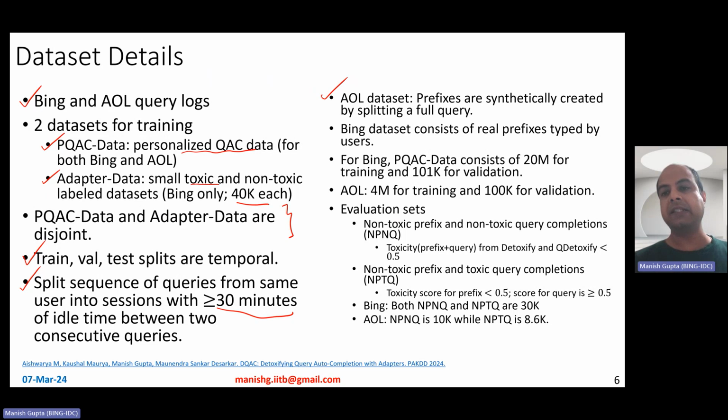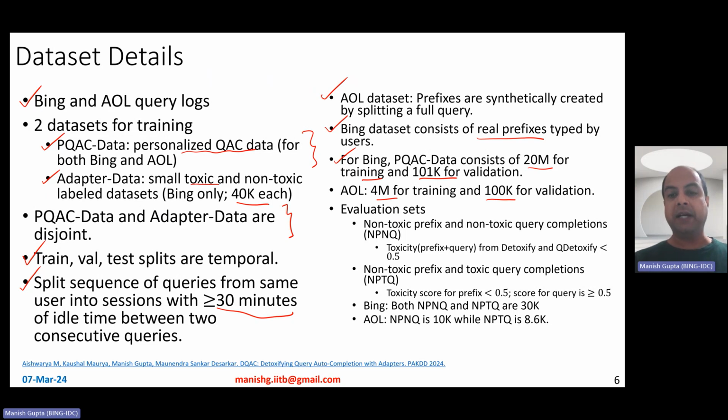So we synthesized prefixes by randomly splitting a full query at any character in between. For Bing, we actually have the real prefixes typed by users from Bing query logs, and therefore we leverage them. For Bing, the PQAC data, this personalized query auto-completion data, consists of 20 million for training, 101K for validation. For AOL, the overall data consists of 4 million for training, 100K for validation.